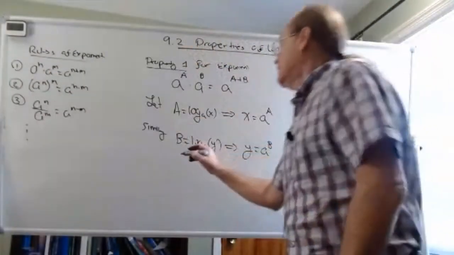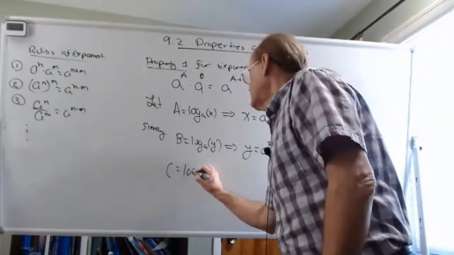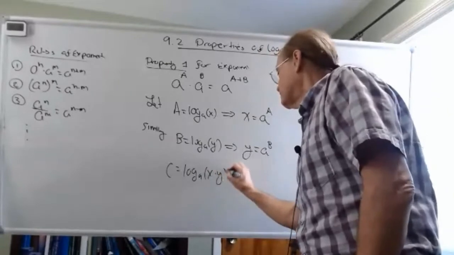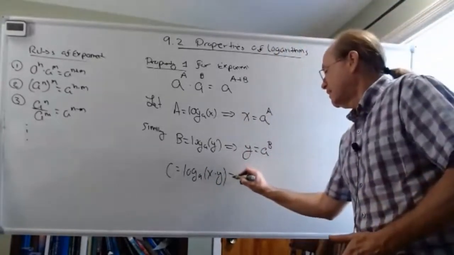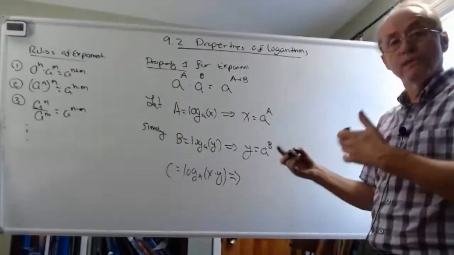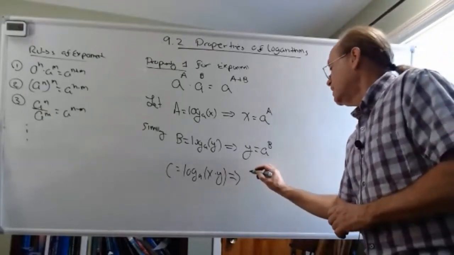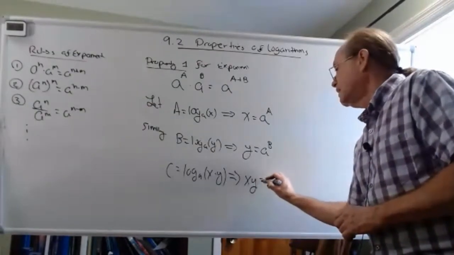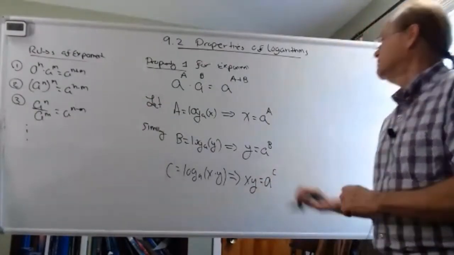So let's call c the log in the base a of x times y. So we're just creating logarithms, and then we're going to see how this can be transformed into a rule for logarithms instead of a rule for exponents. This is equivalent to the other definition that x times y is equal to a to the c.